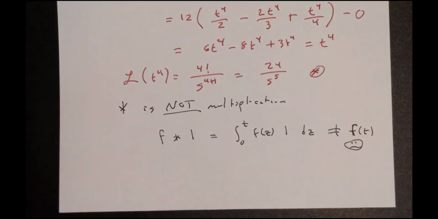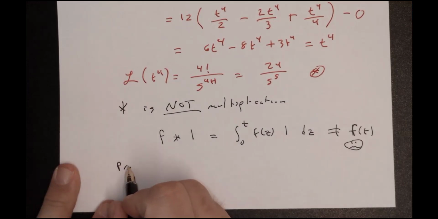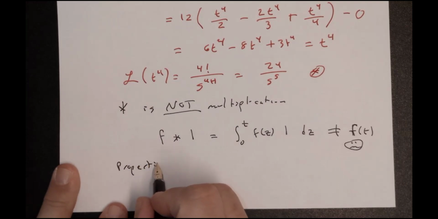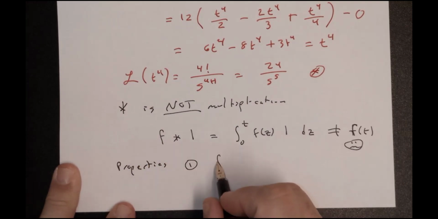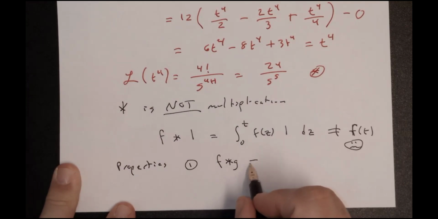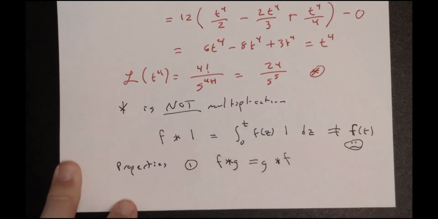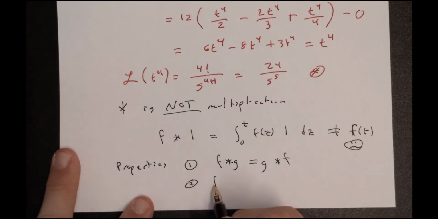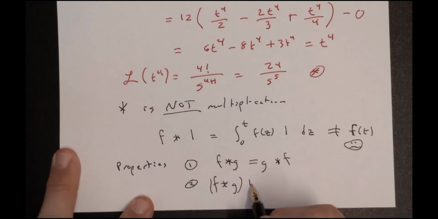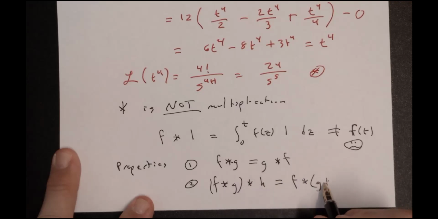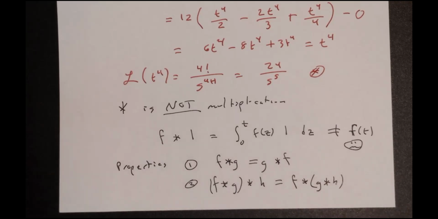It's a generalized multiplication, and it happens to have some really nice properties. And those properties look like multiplication. F star g is equal to g star f. It's commutative, just like multiplication. It's associative: f star g, all star h, is the same as f star the quantity g star h.